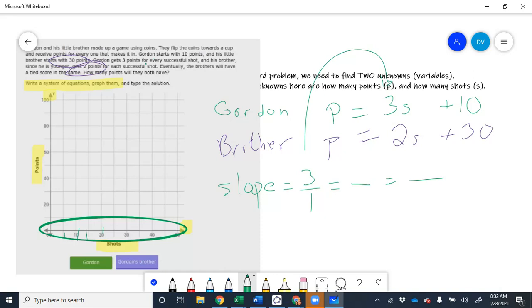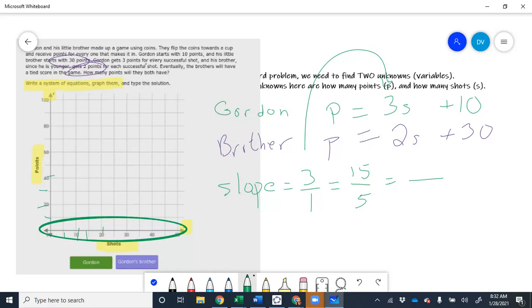If we did 5 on the bottom, if we multiplied 1 times 5, we have to multiply the top by 5 also. 3 times 5 is 15. So we could go up 15 and over 5. Let's see if that will fit on our graph when we start at 10. I don't think so. Because this scale goes up by 10, 20, 30, 40.